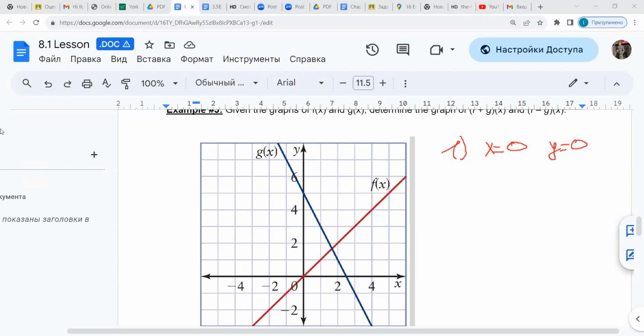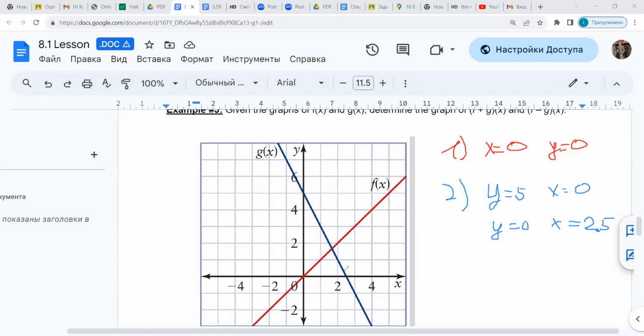For blue graph, I see that I have x-intercept as well as y-intercept. Y-intercept is y equals 5, x equals 0. Also, x-intercept is going to be y equals 0, x equals 2.5.